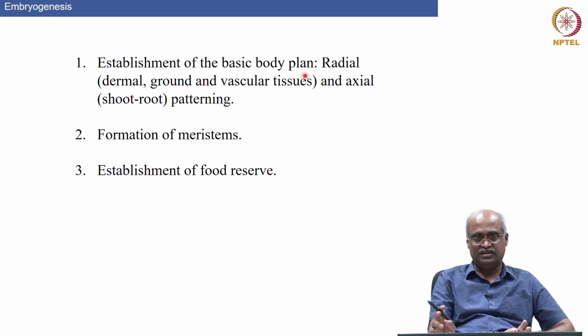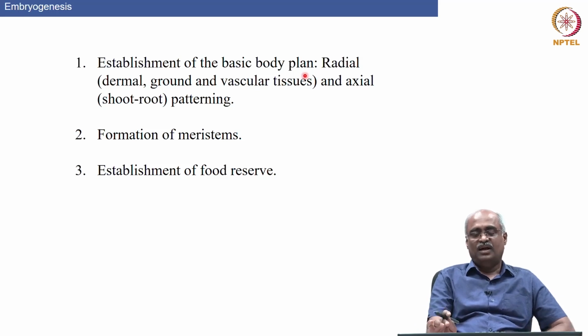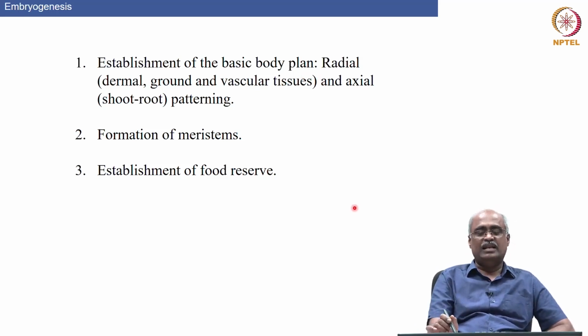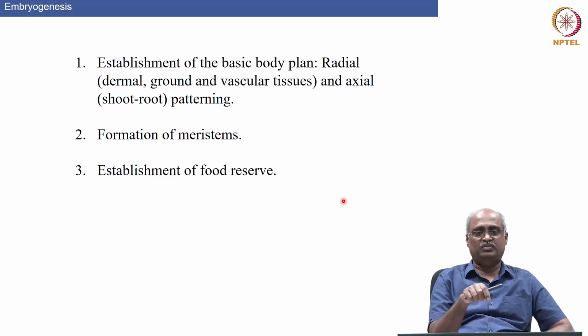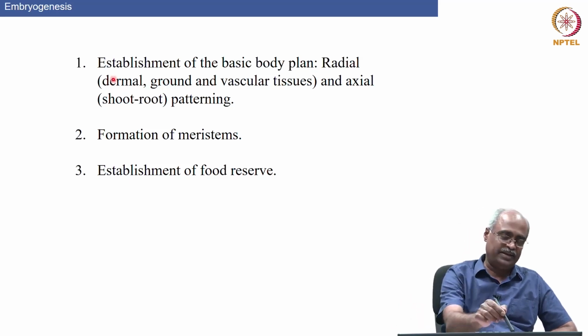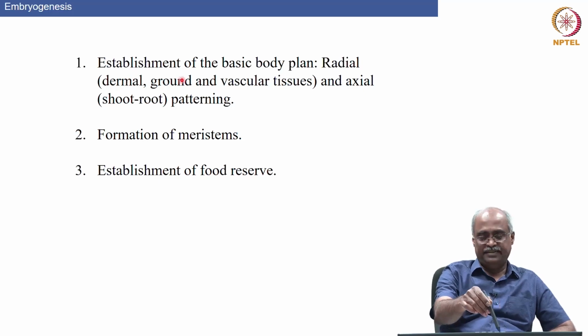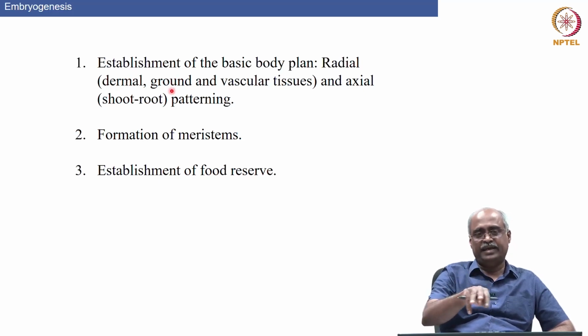how that is set up first. And here the body plan involves a radial body plan, like if you take a cross section, from the center to the periphery, so that is the radial plan. From the periphery you have the dermal, the outer layer of plant tissues, and the cortex, that inner but towards the outer part of the inner side, that is the ground tissue.